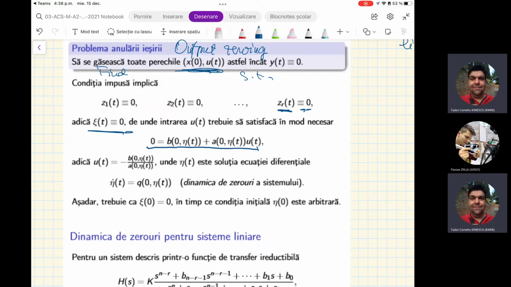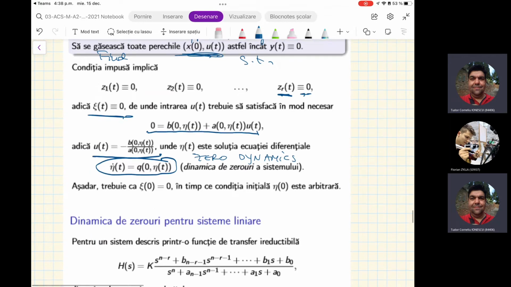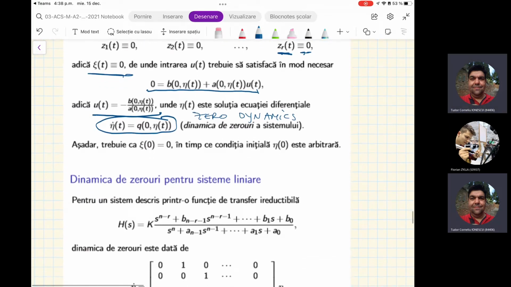Hence, u(t) has this particular form, and eta is the solution of this differential equation. This is the zero dynamics. Where this dynamics goes to 0, you cannot see it in the output. That's zeros. Hence, you need psi 0 to be 0, whereas the condition on eta 0 is arbitrary. So essentially, you need to satisfy this.